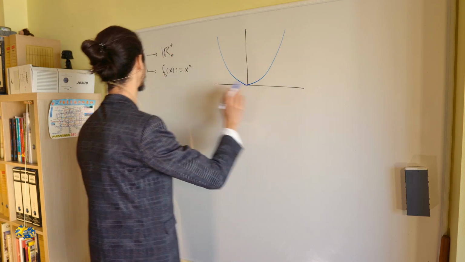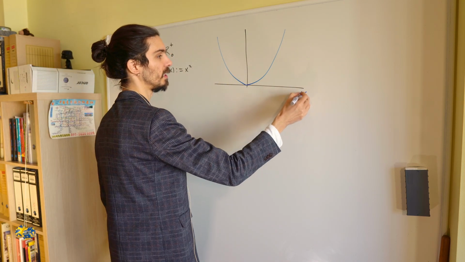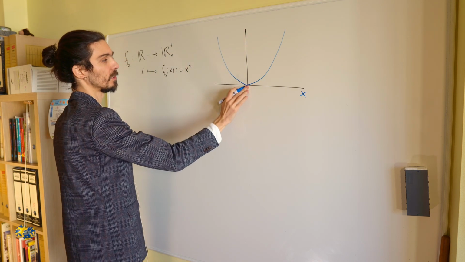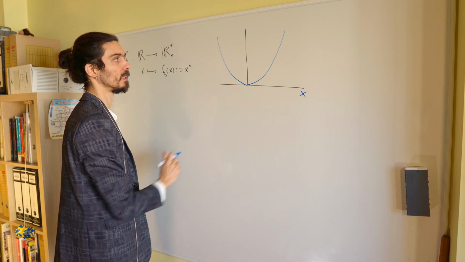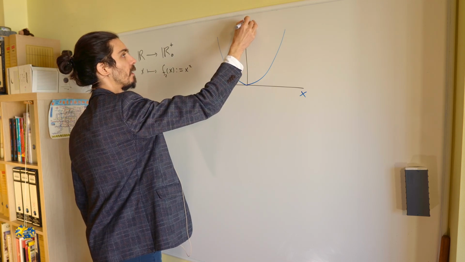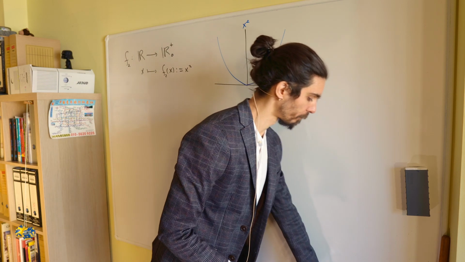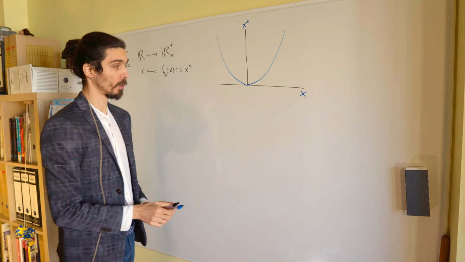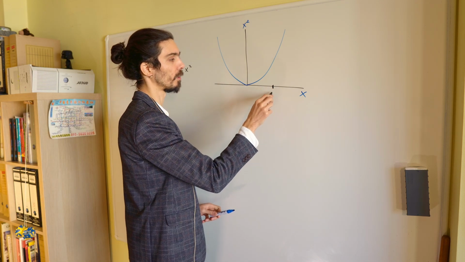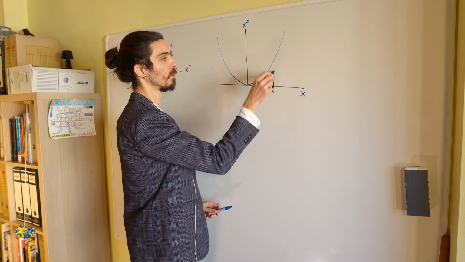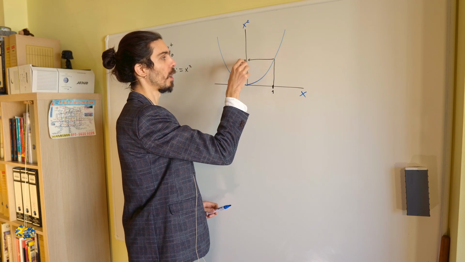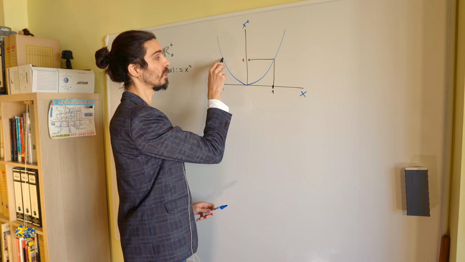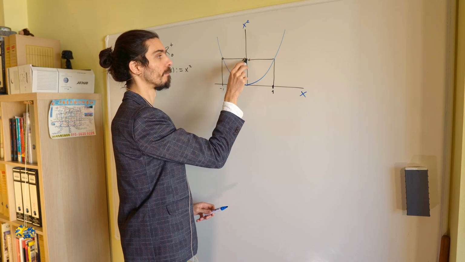Let me draw it. The following parabola, like this. On the horizontal axis is the domain R, so this is where x lives. On the vertical axis, it's all the positives, so it starts at 0 up to plus infinity, and on the vertical axis live the numbers x squared. Now, you can immediately see that it is not bijective, because for every number that you choose here, for example 1, 1 will be mapped into 1 squared, which is 1, and minus 1 is going to be mapped into minus 1 squared, which is again 1.